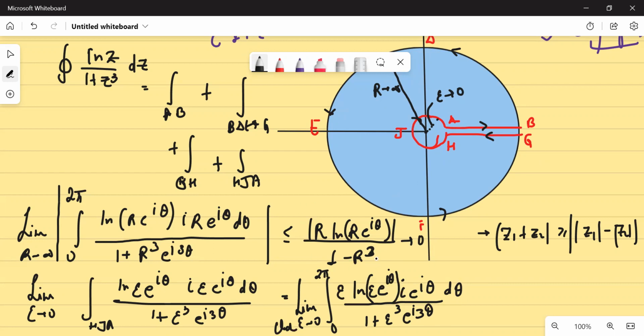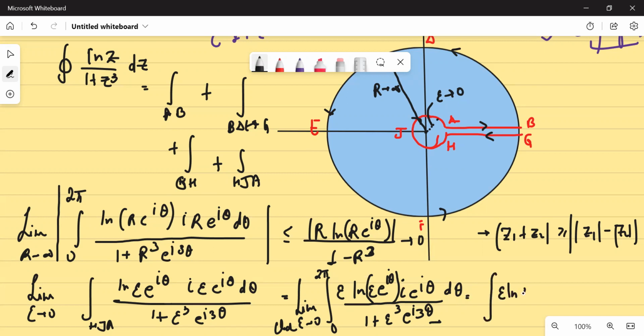You can clearly see that this entire integration depends on theta, and I'm integrating over theta. As epsilon tends to 0, this will go towards 1. I'm not bothered about it; I'm bothered about this particular part. Let us see how this would behave. It will be distributed into two parts.